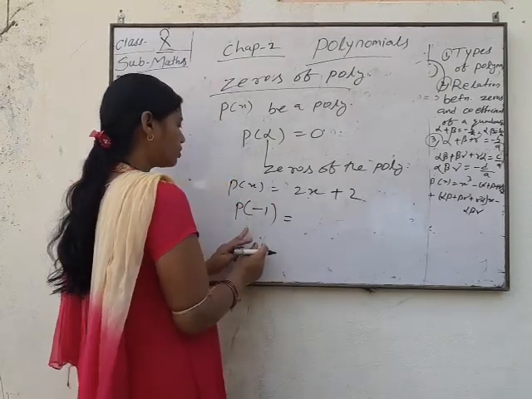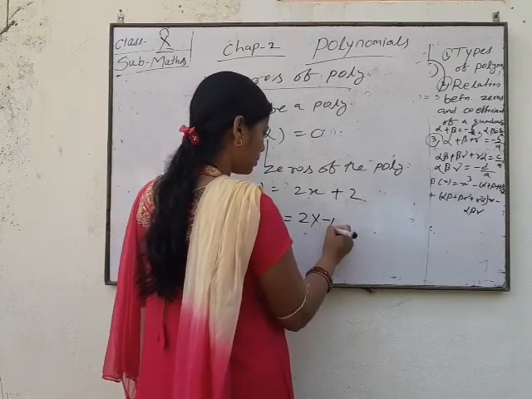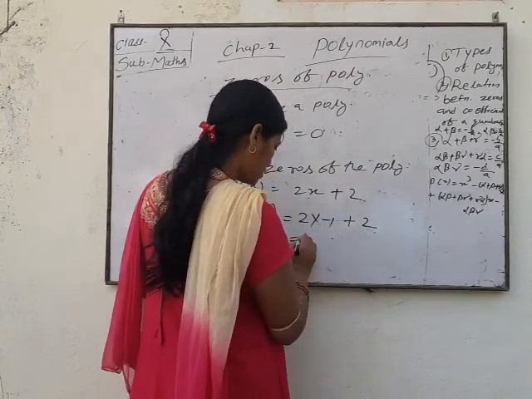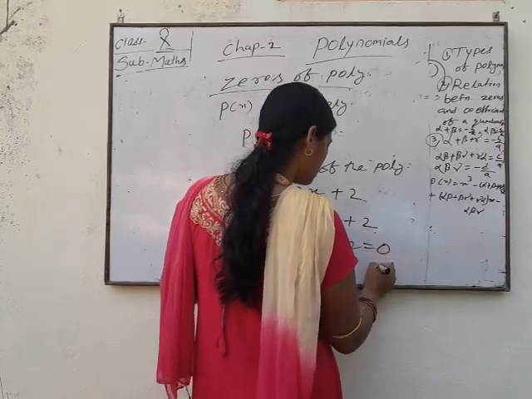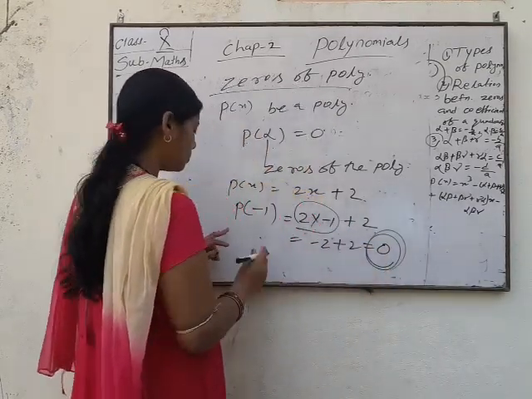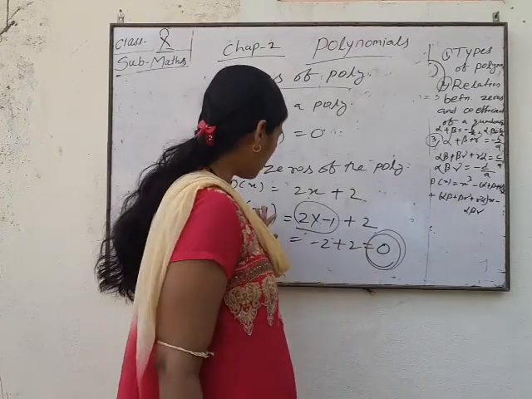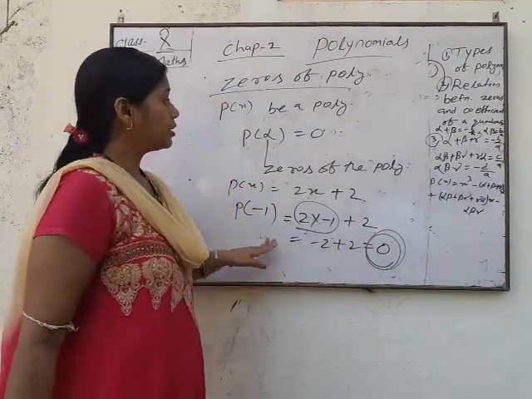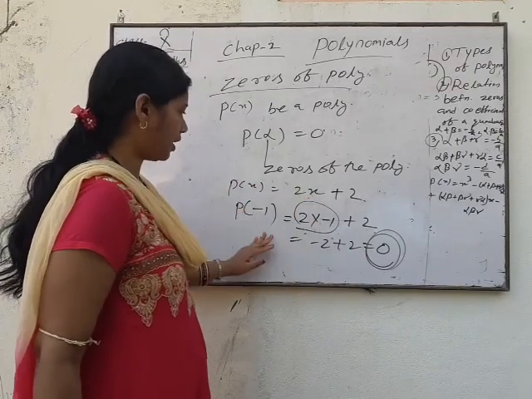It means now put in place of x is -1, 2 into -1 plus 2. This is -2 plus 2 is equal to 0. So here p of -1 is equal to 0. So -1 is called a zero of the polynomial p of x.